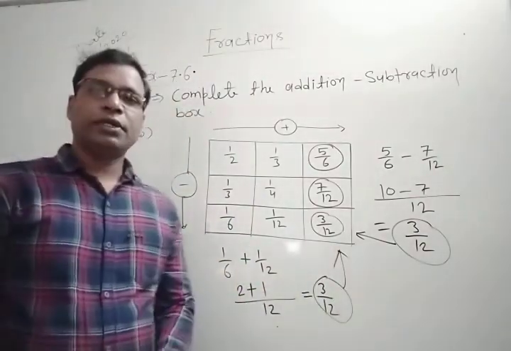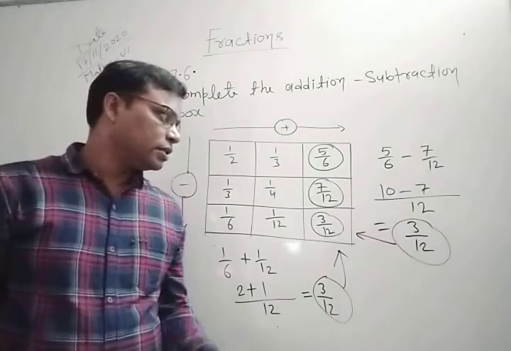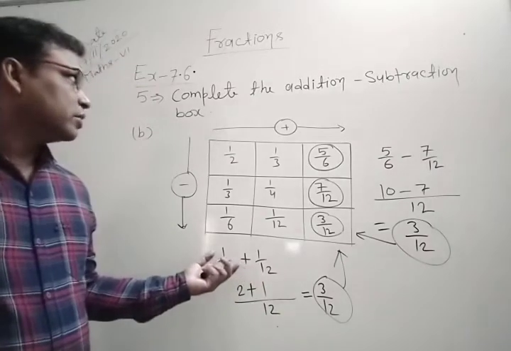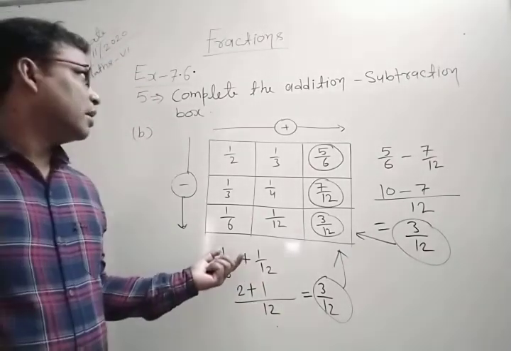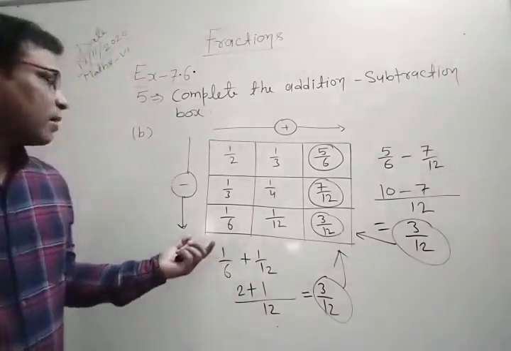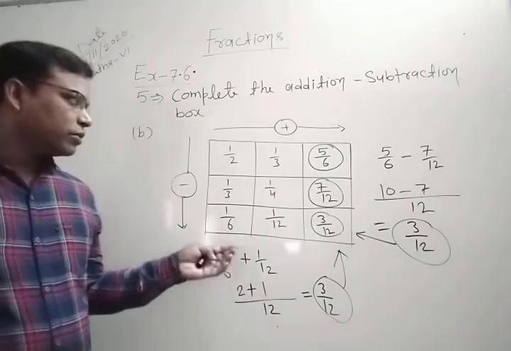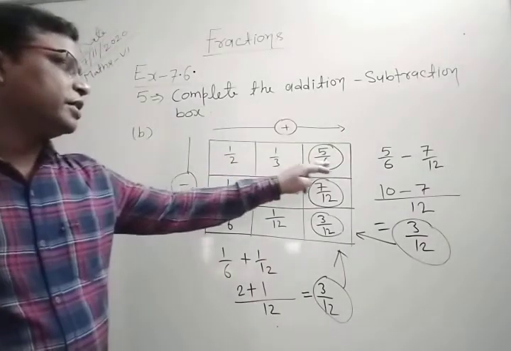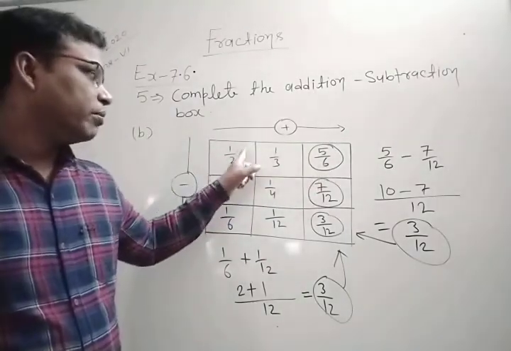Clear? So students, I think all of you understood this question, complete the addition subtraction box. In this question, you only follow this array and this rule. If you want to fill this gap, you add 1/2 and 1/3.